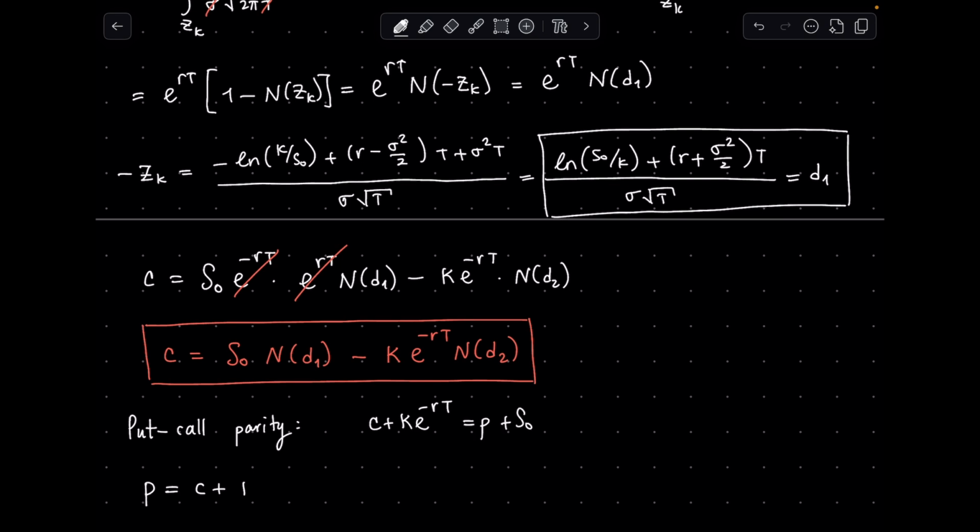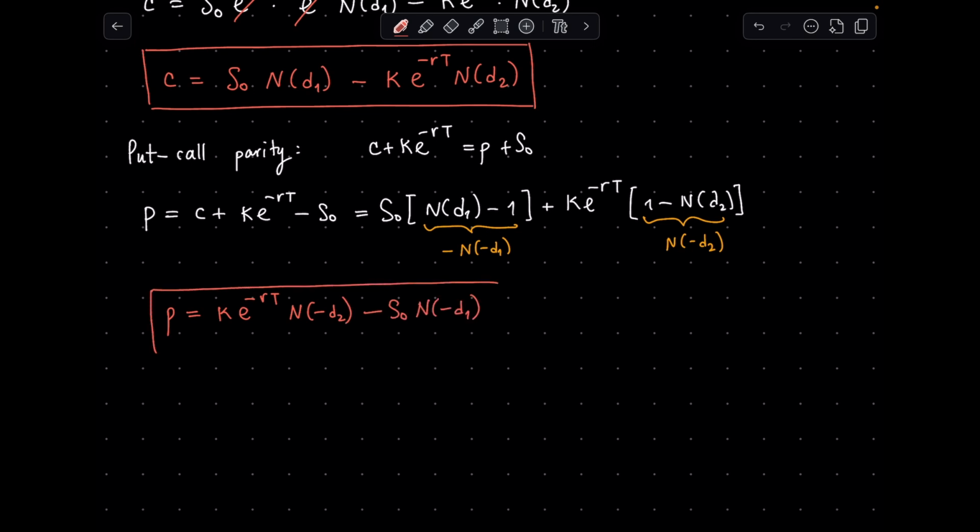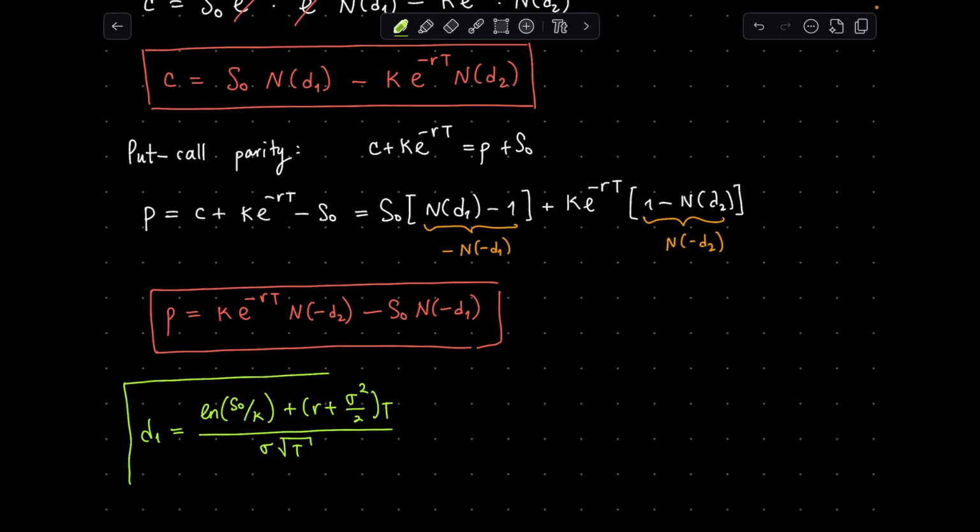So plugging in C, we get the value for P as well. Once again, d1 and d2 are given as follows.